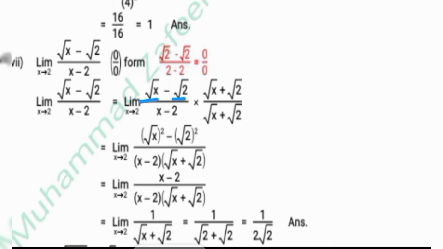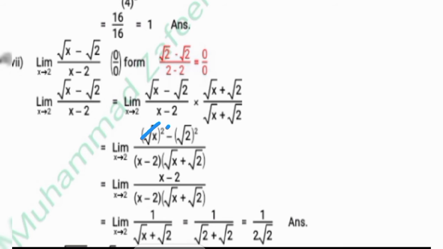The a minus b, a plus b formula will be applied. A square minus b square: square root x square is a square, and square root 2 square is b square. There is a sign of minus, a square minus b square, and x minus 2 into square root x plus square root 2 will be written same.